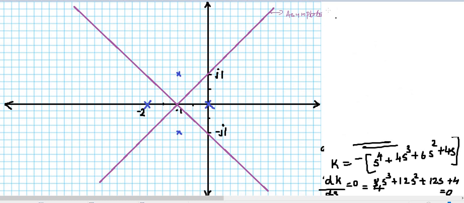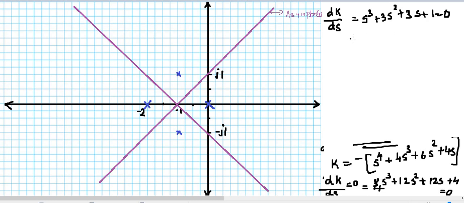Now we can rewrite the equation for dK/ds. When you take 4 common in the given equation, we can write it as s cube plus 3s square plus 3s plus 1 equal to 0.